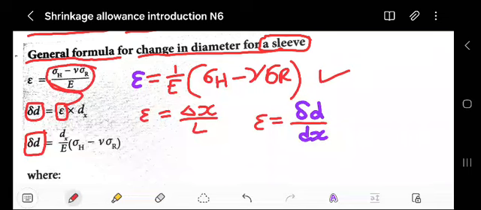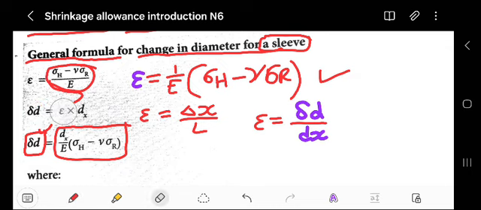However, you must take note: the change in diameter is equal to this formula.